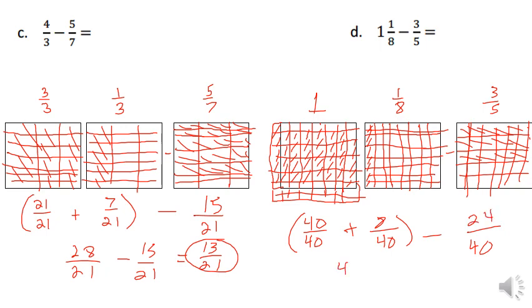So now we have 48 40ths minus 24 40ths. When we subtract this, we're going to get 24 40ths.